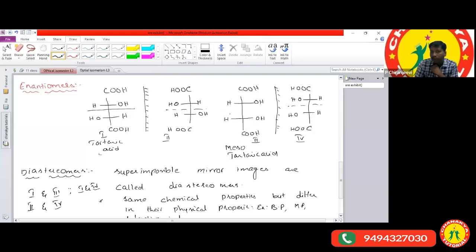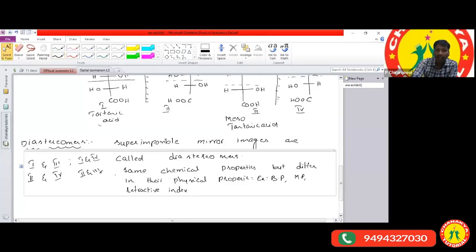This part is similar, na, H, OH. For this one also it is having H, OH and COOH. So the bottom part is the same. That's why 2 and 3 also we can consider as diastereomeric pairs. So total how many diastereomeric pairs are there from the above 4 structures? 4 are there. Okay, next.